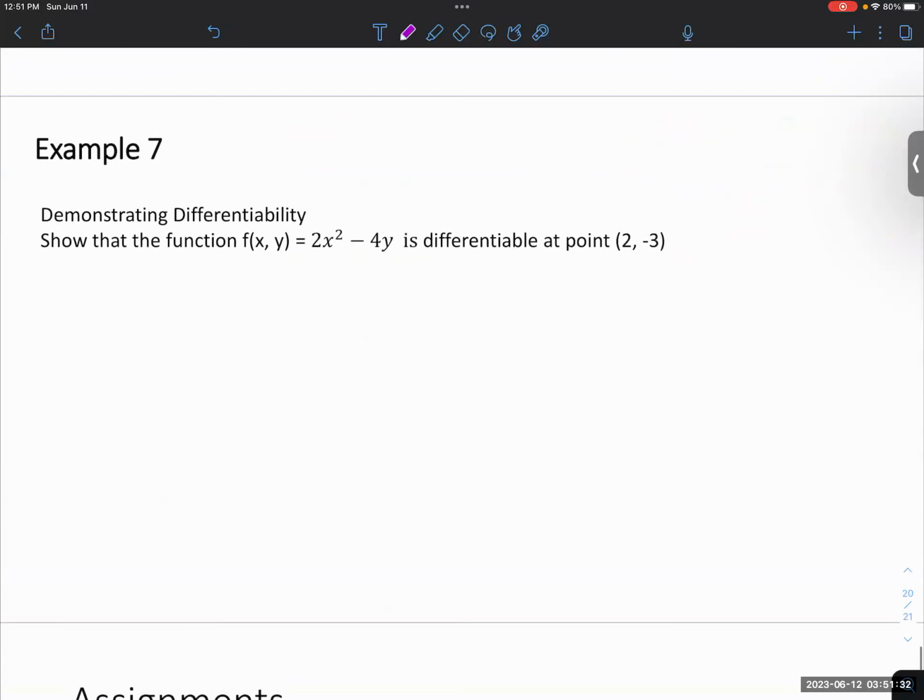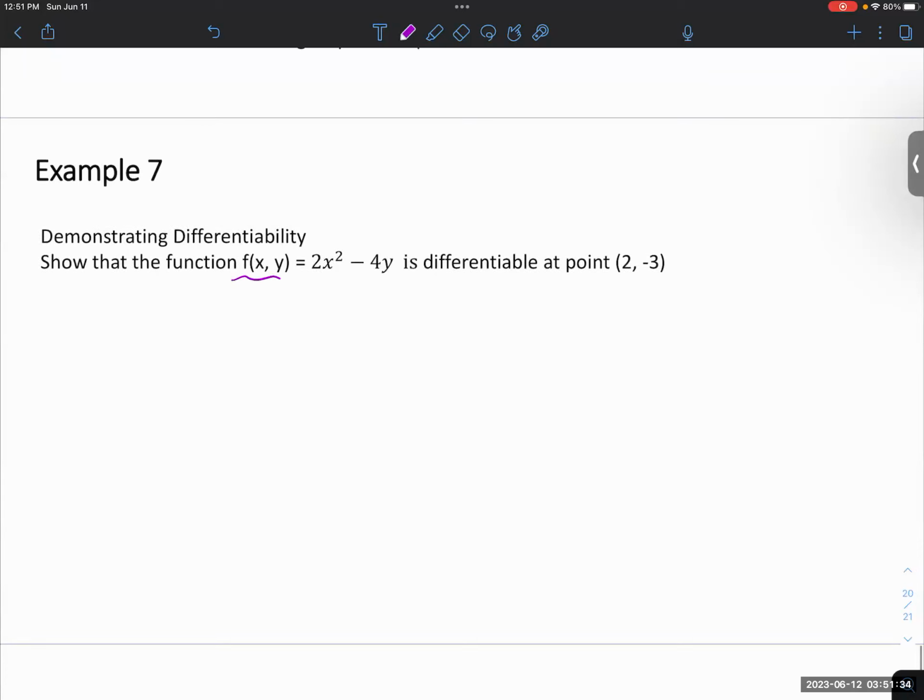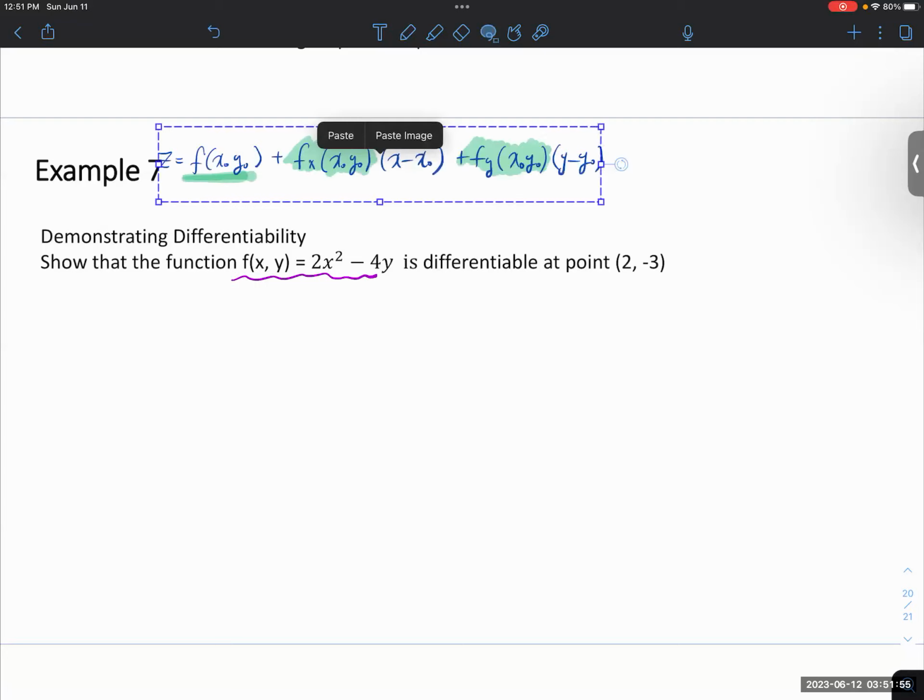So here, let's do this one. I have a given equation. I want to find out if this one has an error or not. So f of x, y equal to, this is the tangent. You can write down the equation of the tangent plane. Actually, we already have that. I think I have it here, right?